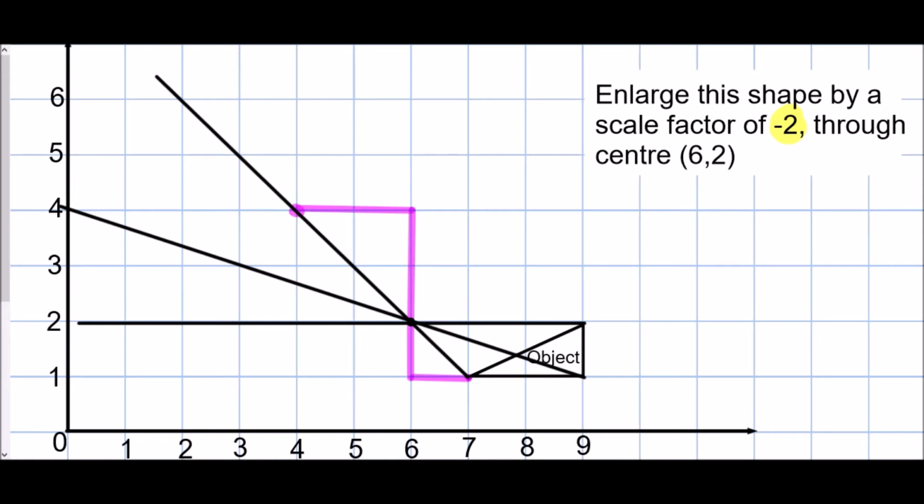If I do the same for this top right hand corner, that is simply 3 spaces to the right. So if I multiply that by -2, it would change the direction to being left, and it would multiply it by 2 to make 6. So 1, 2, 3, 4, 5, 6. So this is the next point.